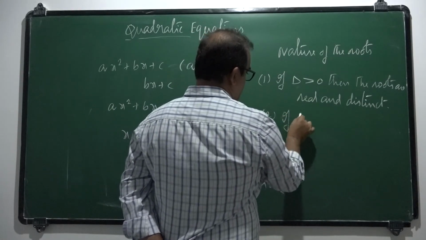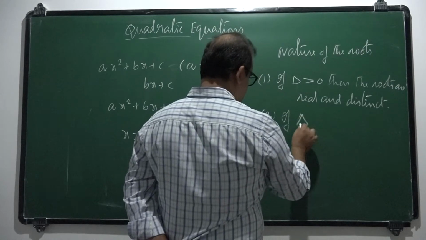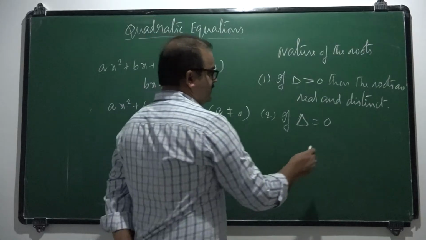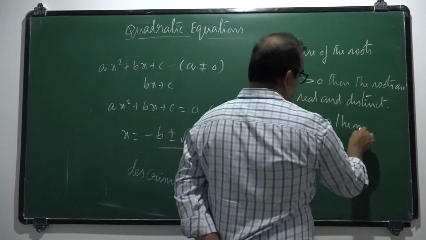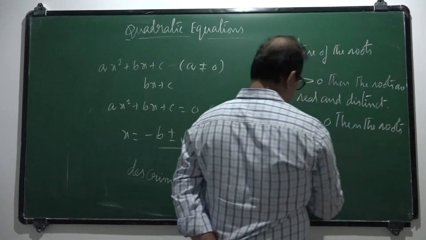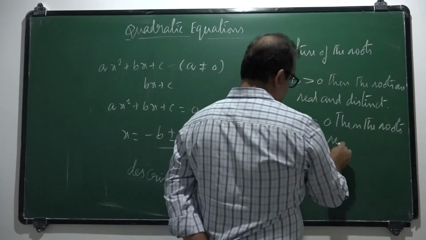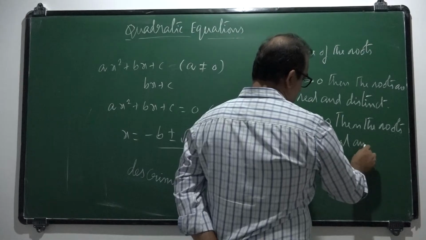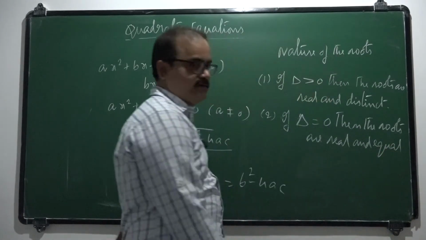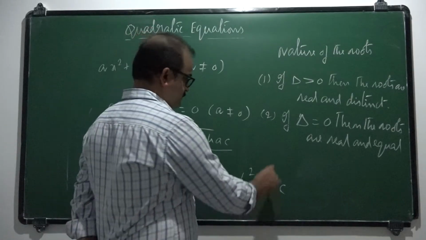Next, if delta is equal to 0, then the roots are real and equal. Then the roots are real and equal.